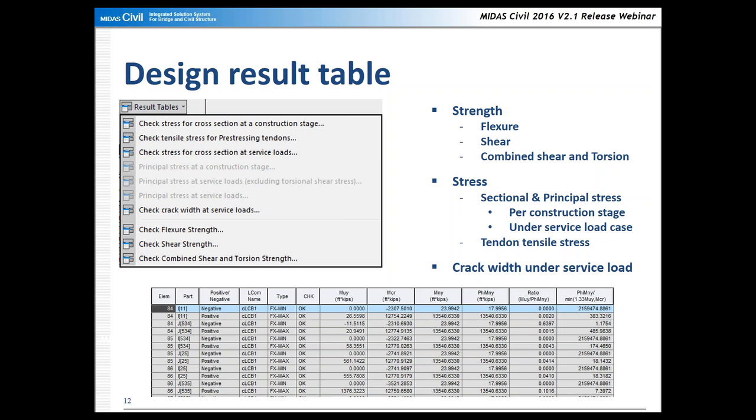Crack width under the service load can also be checked. As you can review from the table, our program gives a very detailed table with load combination, result type, check status, and corresponding result components used in the calculation for the check.